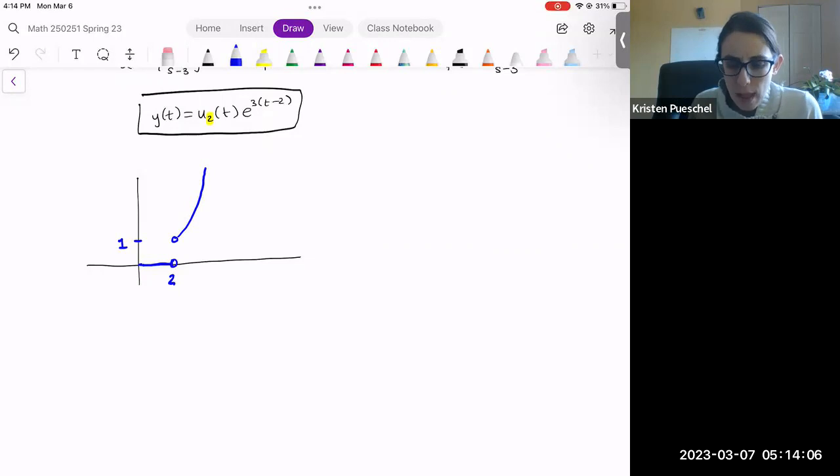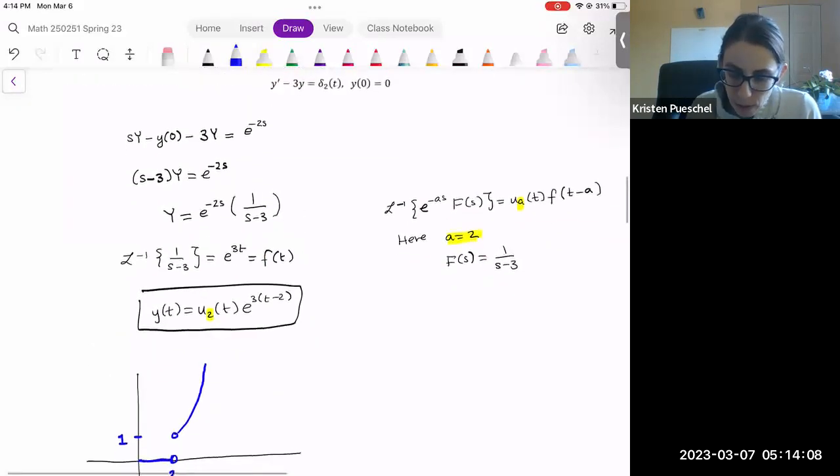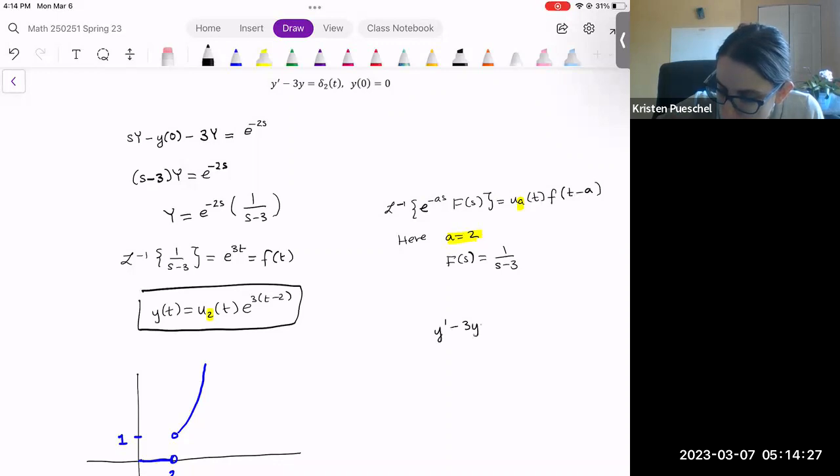Great. And that kind of makes sense. Like we were starting off with nothing really going on. So our initial condition was 0. If we didn't have that delta 2 of t term here, let's just take a look at this related expression, y prime minus 3y equals 0, or y prime equals 3y.